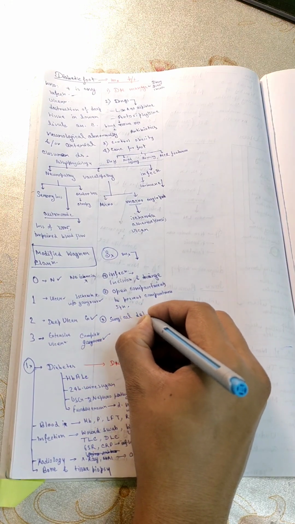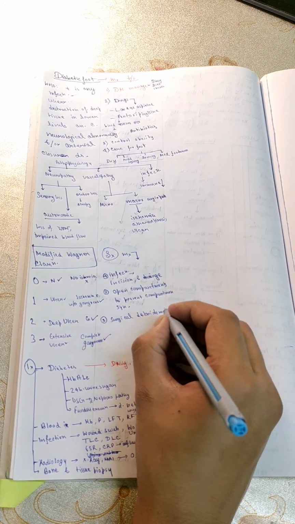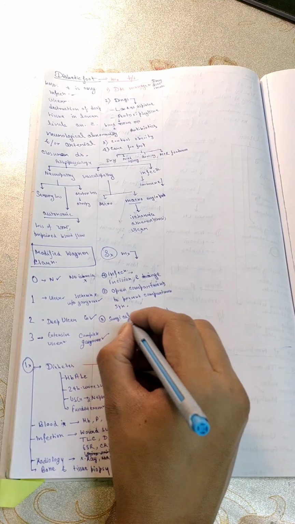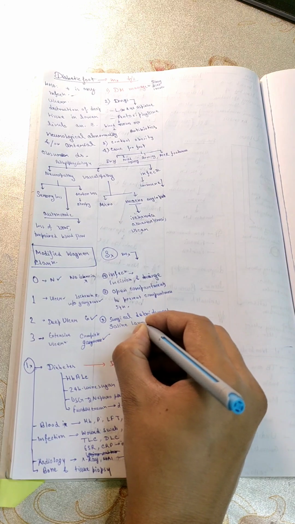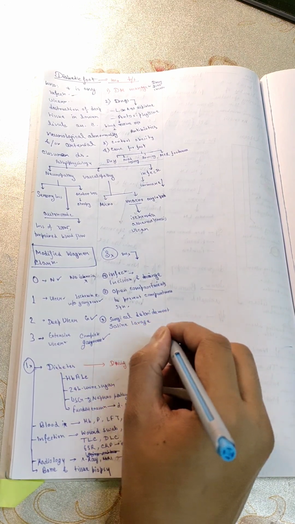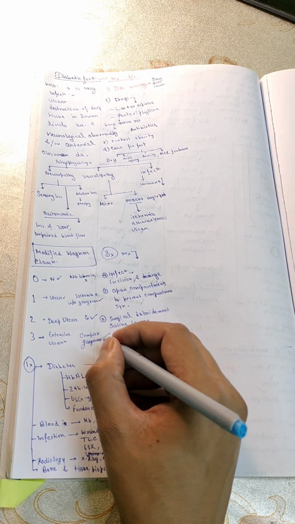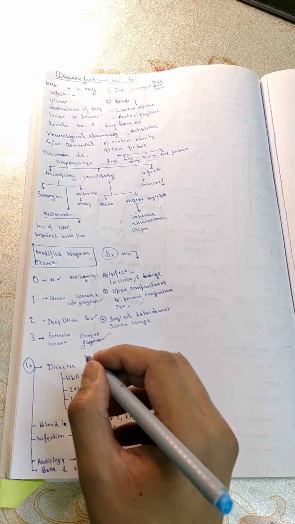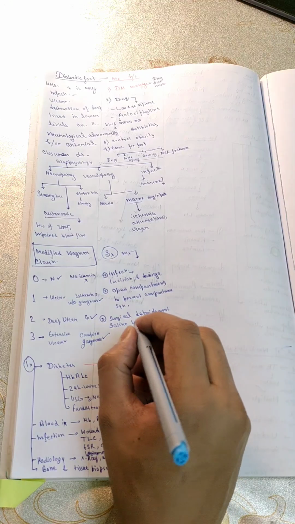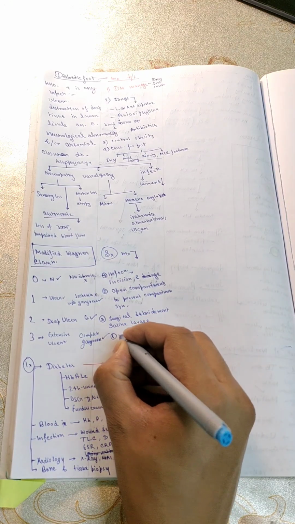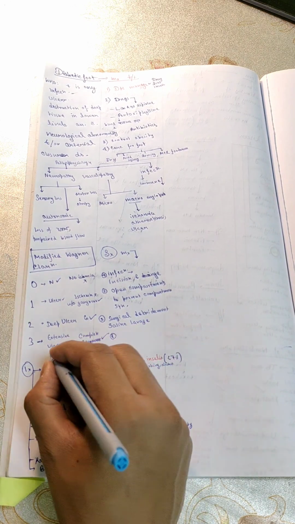Surgical debridement, remove the necrotic tissue. Also saline lavage is done. For the trophic ulcer, for ulcer, what is given?